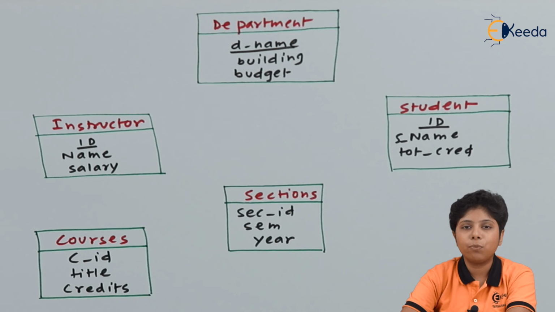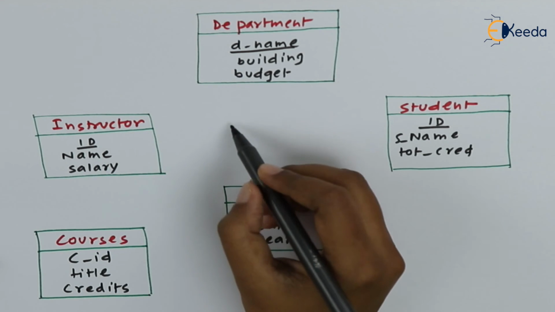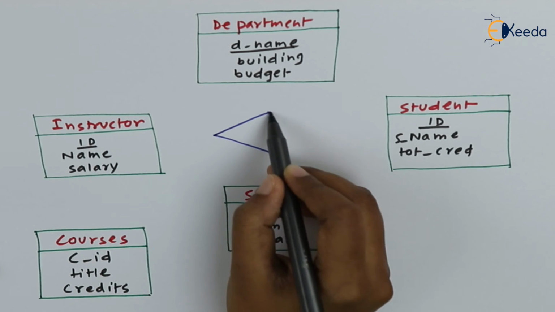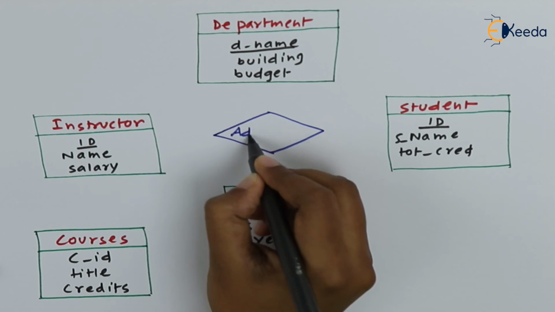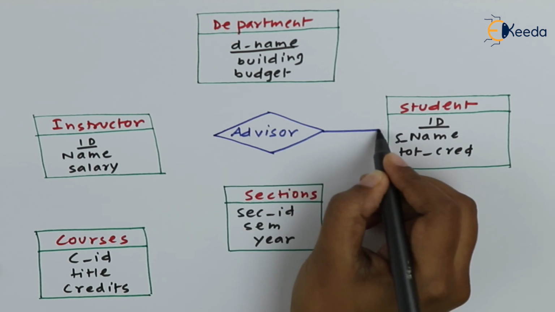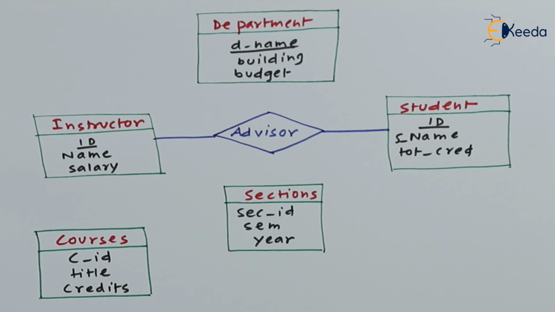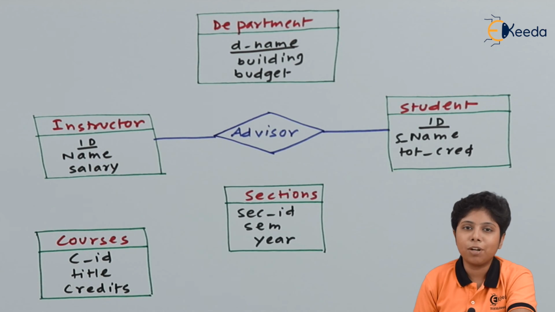Now let's look at the relationships that we can have between the entities. First, the instructor can be the advisor of a student. So the advisor relationship lies between the instructor and the student. Next, an instructor can be the department instructor of a particular department.